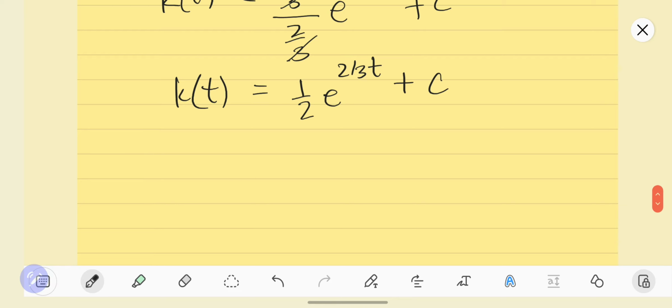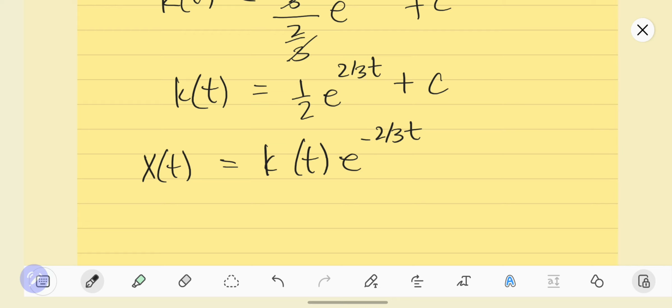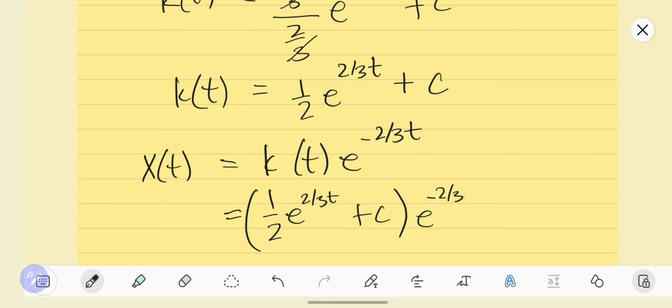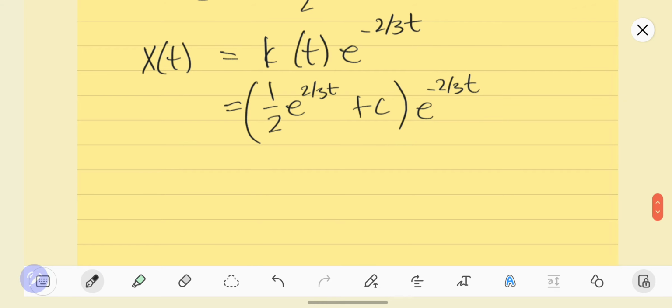So that's your k of t, and your homogeneous solution was x of t. As you remember, x of t is equal to k of t e to the negative 2/3 t. So substituting the k of t that you get, 1/2 e to the 2/3 t plus c times e to the negative 2/3 t.